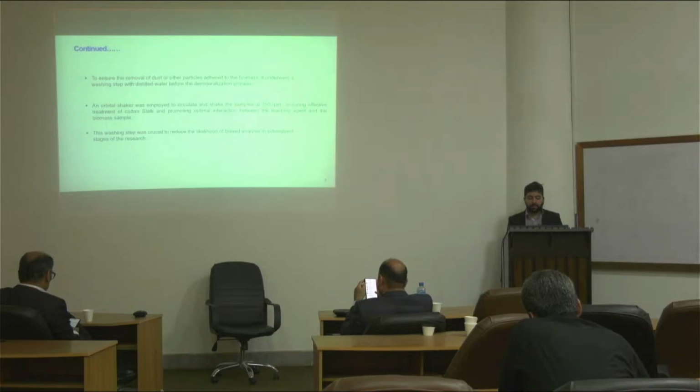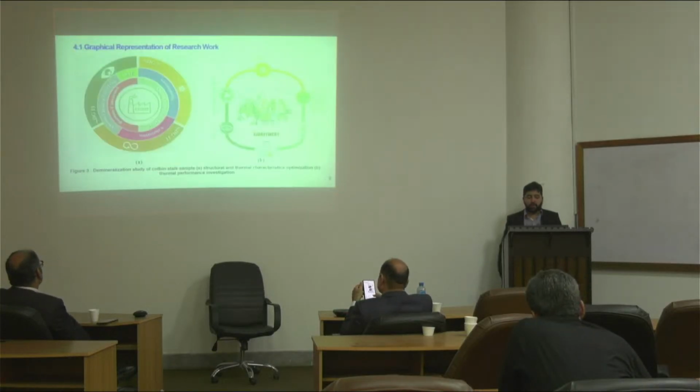This is the detail of the circling mechanism: we chose a 250 RPM rotation cycle in order to produce optimized interaction between the leaching agent and the biomass sample. This is the graphical abstract of the research work.